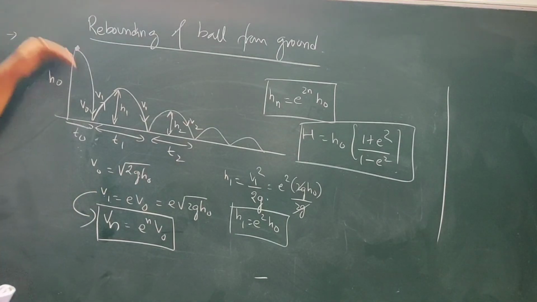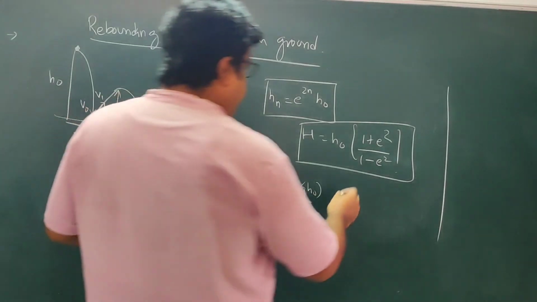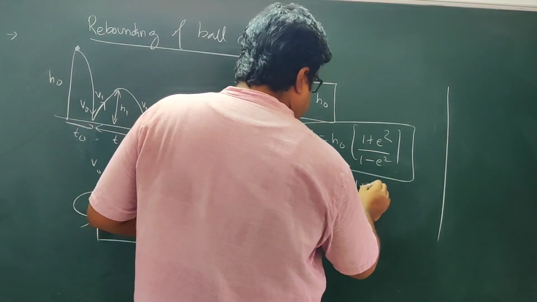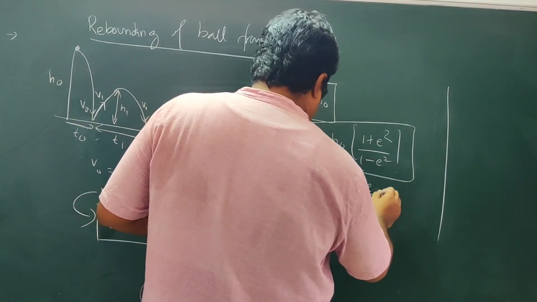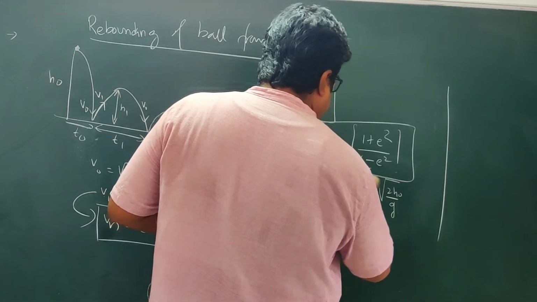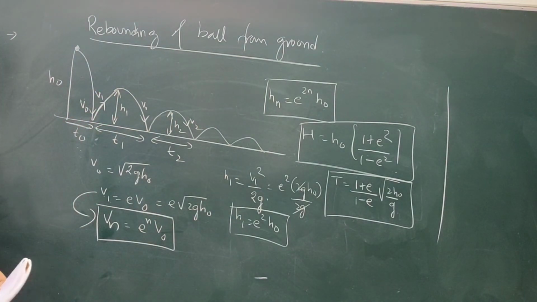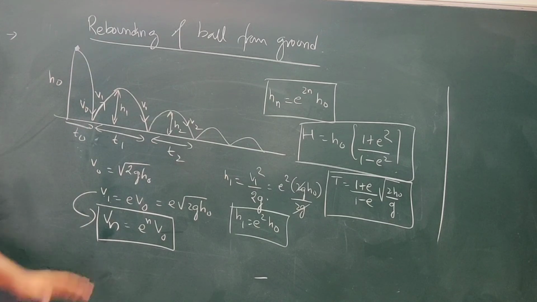Similarly, the total time before it stops bouncing, capital T, will be equal to (1 plus e) divided by (1 minus e) times square root of 2h0 by g. These are some of the important formulas related to bouncing of a ball. Questions have been asked directly based on these formulas.